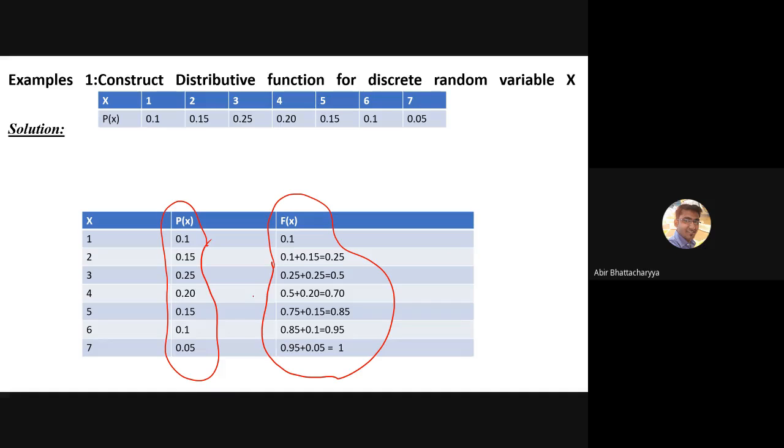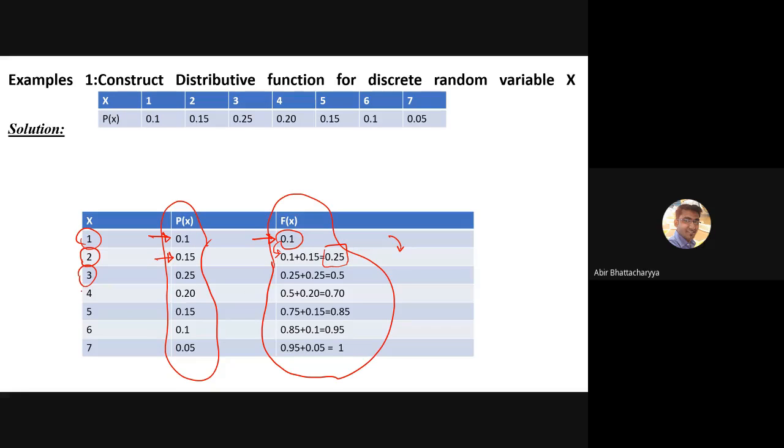What is the difference between these two? For x equals 1, the probability is 0.1 and the cumulative is 0.1, no problem. For x equals 2, the probability is 0.15, but the cumulative is 0.1 plus 0.15, which is 0.25.